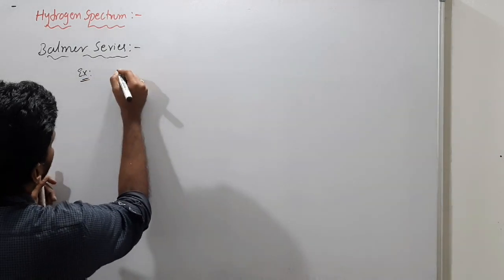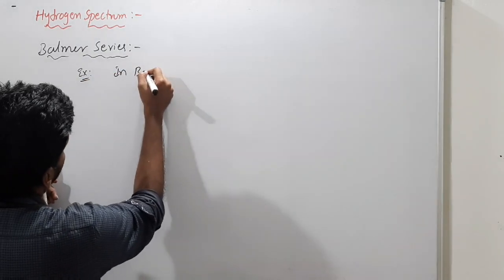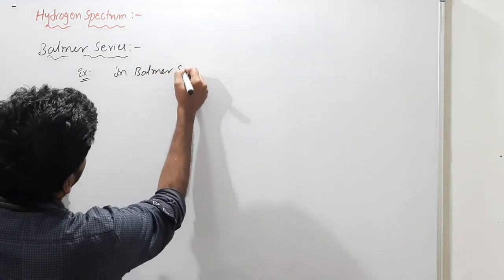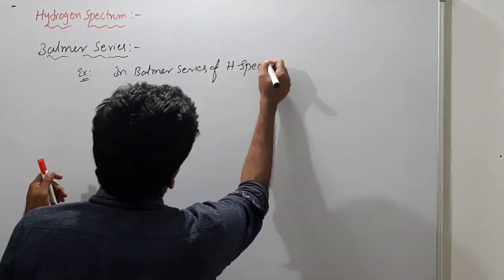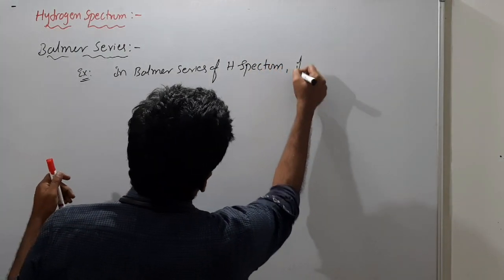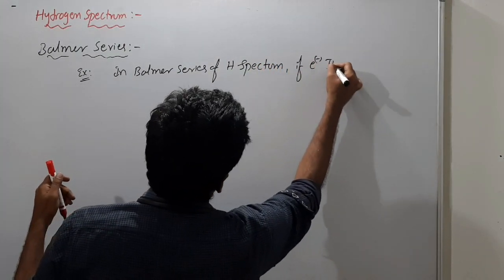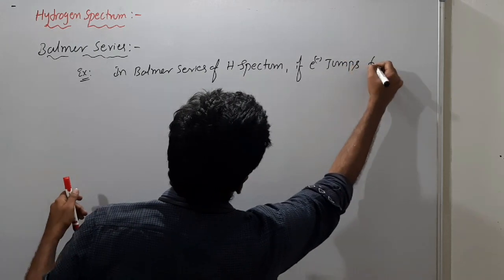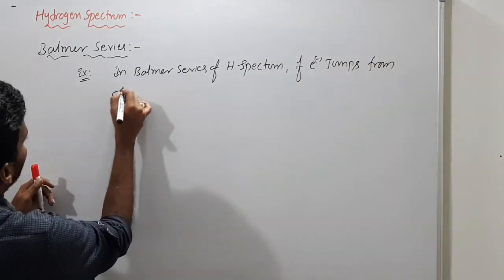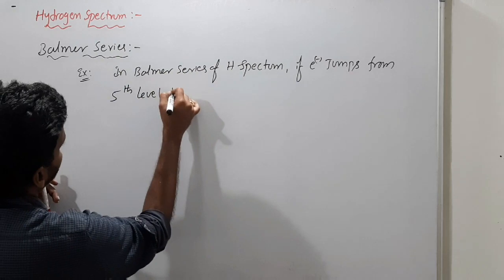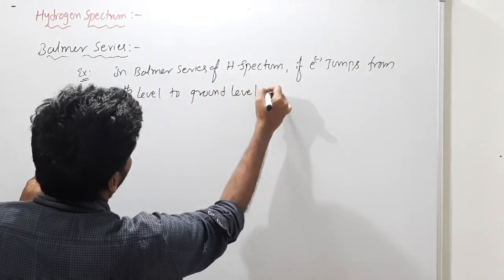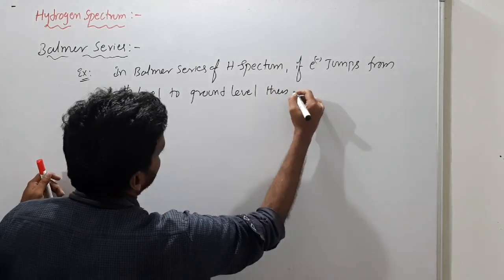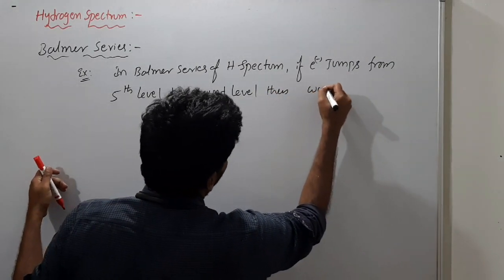So in the Balmer series of hydrogen spectrum, if an electron jumps from the fifth level to the ground level, then what is the wave number?